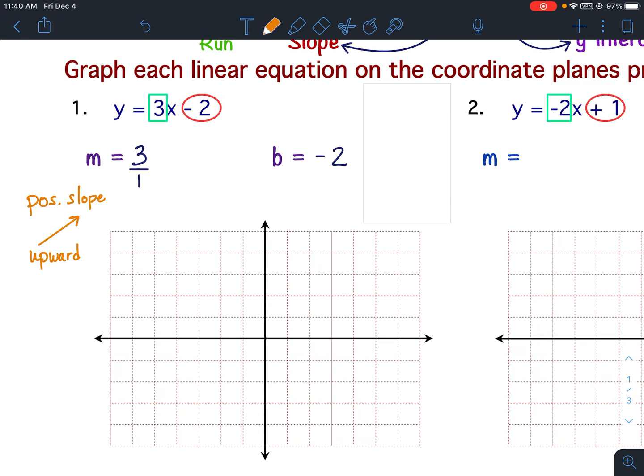Now we're not going to write this down all the time, but I want you to write it down for the first couple examples. So our slope is positive. It's a positive 3, which means it will be going upward. The negative 2 is where we start on the y-axis.